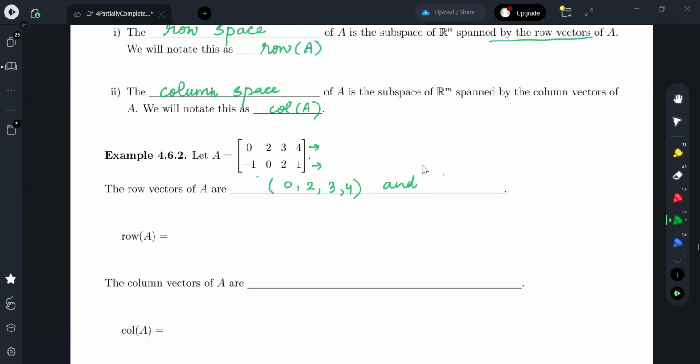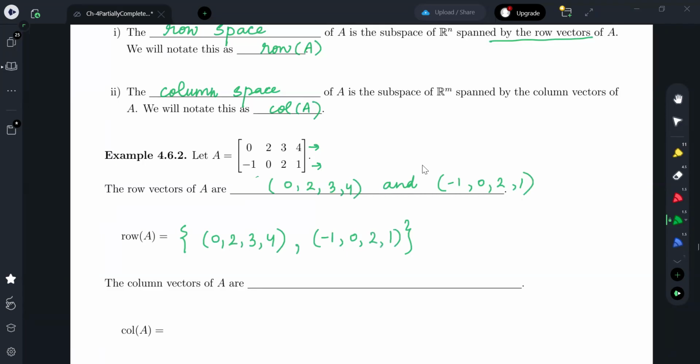And no work required, right? What is the row space? Combine them. And for this matrix, this will be a subspace. That's it. That's the row space of A. Good.